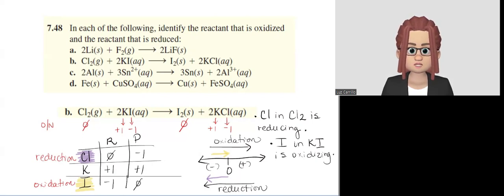The reason why we do this is because the elements that are undergoing oxidation and reduction, we always talk about them undergoing these processes from the point of view of the reactant, not the product.